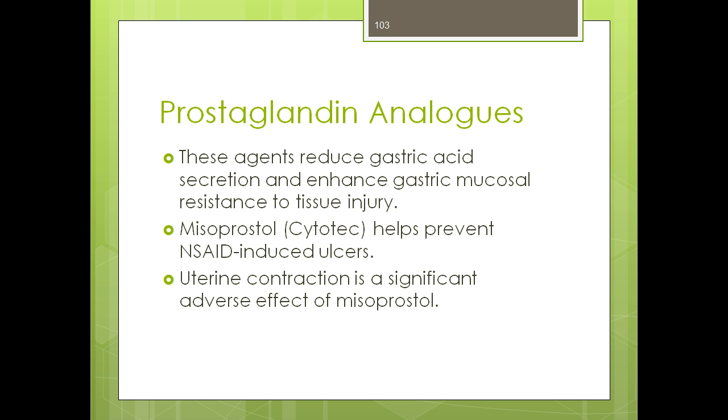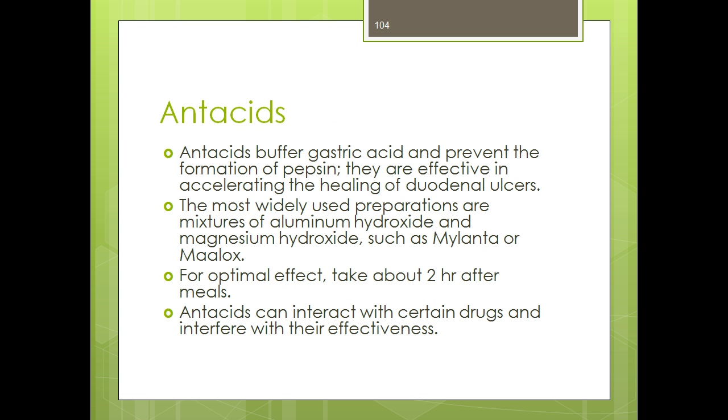The prostaglandin analogs are agents which reduce gastric acid secretion and enhance gastric mucosal resistance to tissue injury. That would be Cytotec, and one of the adverse effects of this medicine is uterine contraction.